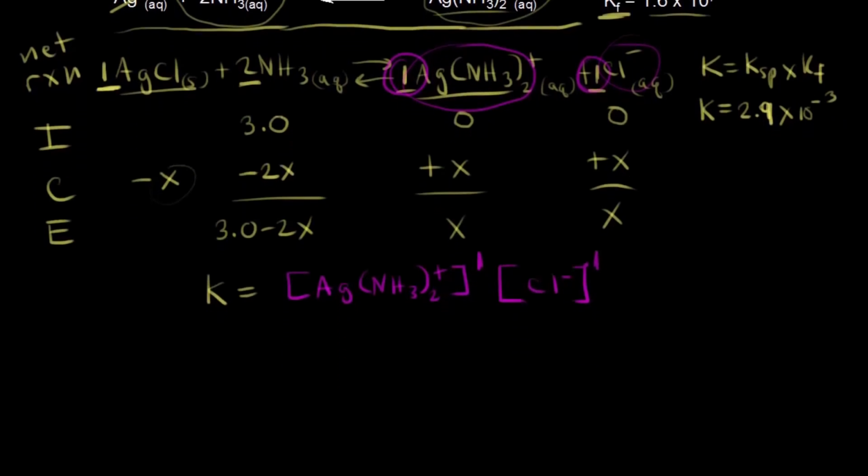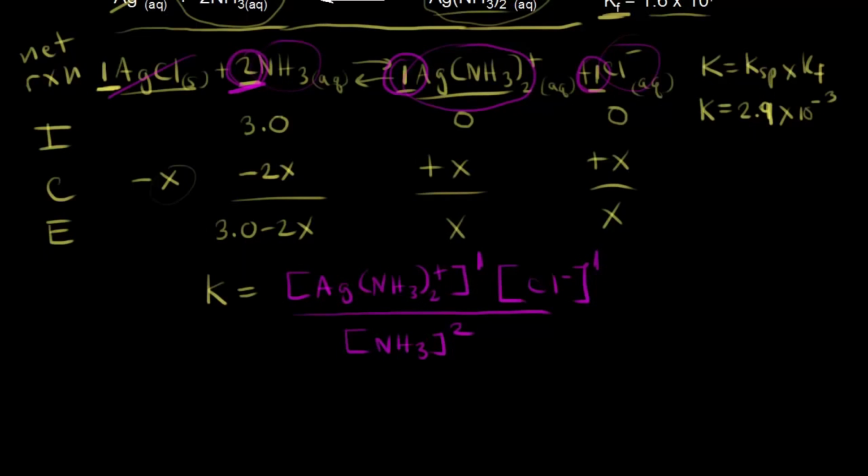We leave silver chloride out because that's a solid. But we have ammonia, so this is all over the concentration of ammonia, and notice our coefficient is a 2, so we need to have a 2 here.